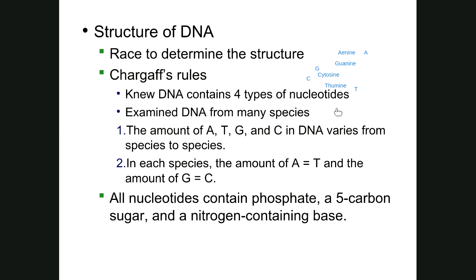And what other information did he get? The first important information is that the amount of A, T, G, and C in DNA varies from species to species.